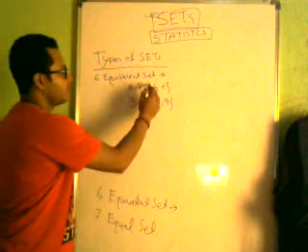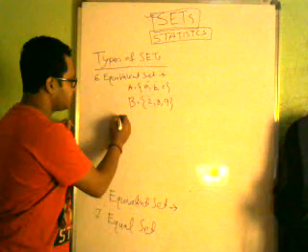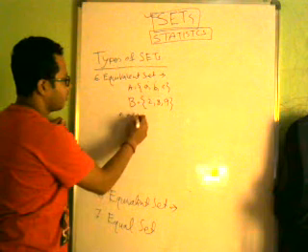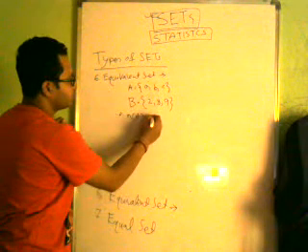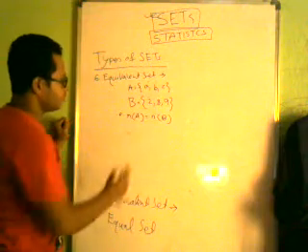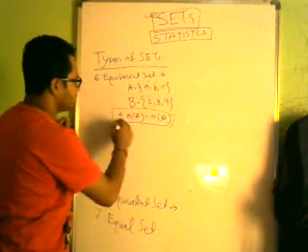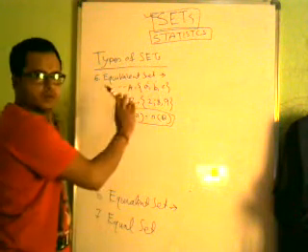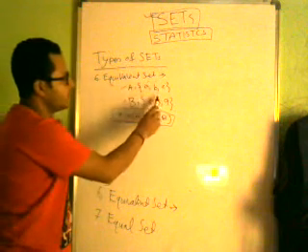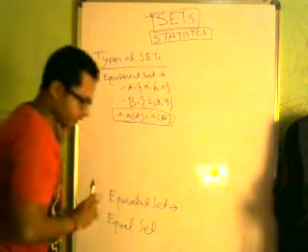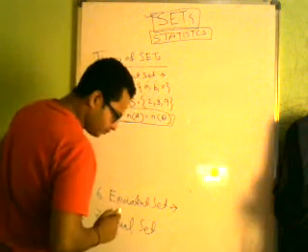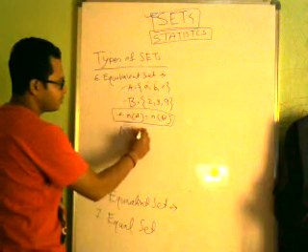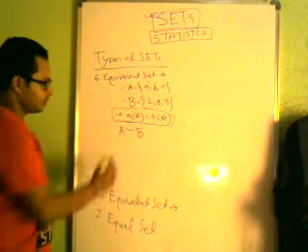We write it as n of A equals n of B. So it is called an equivalent set. The elements of both sets may be different, that will not be the issue, but the number of elements should be the same in both sets. Okay? And we represent it as A equivalent to B.